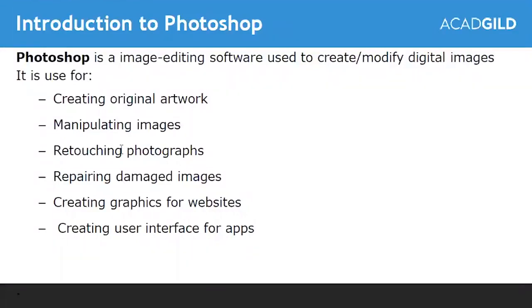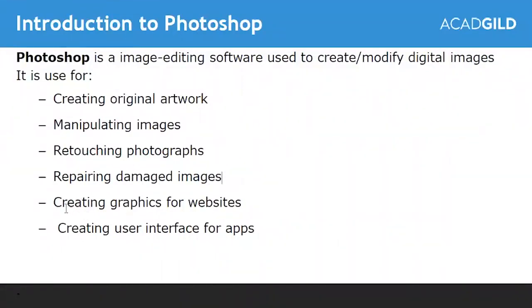If you have some spots on your face, you can remove them. You can remove the wrinkles. That is called retouching. Repairing damaged images: if your image is not good or is damaged, you can repair it in Photoshop, by scanning your image, or there are many different methods for repairing an image.